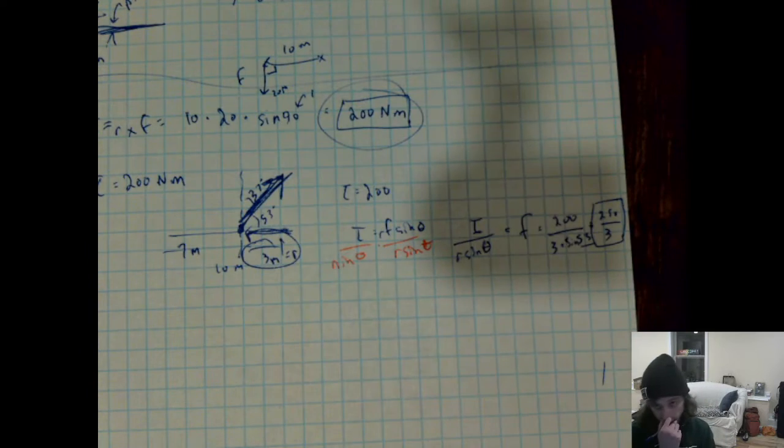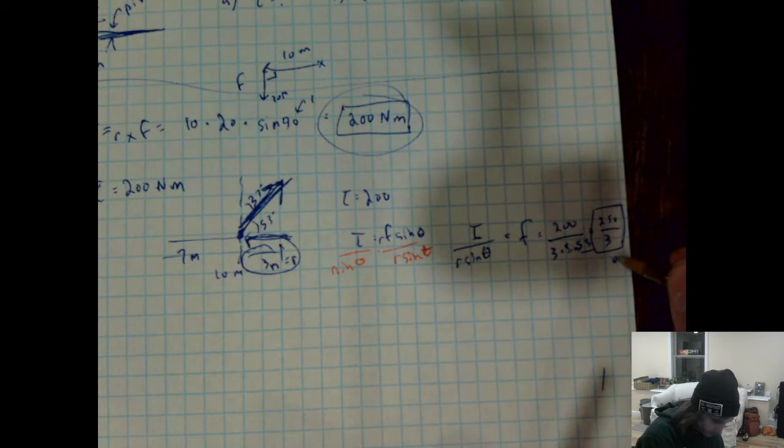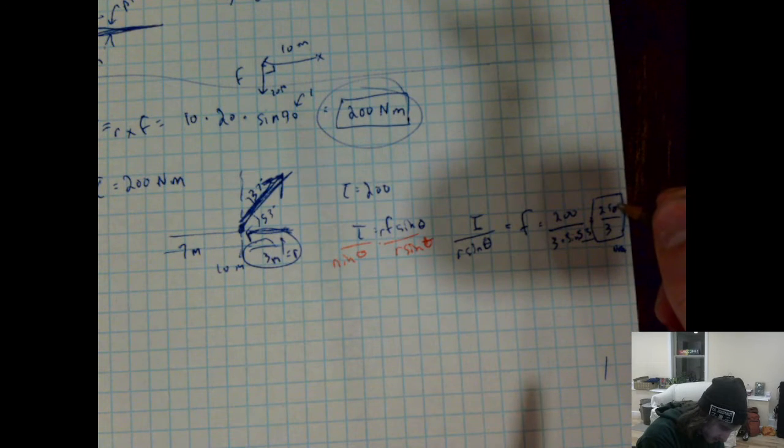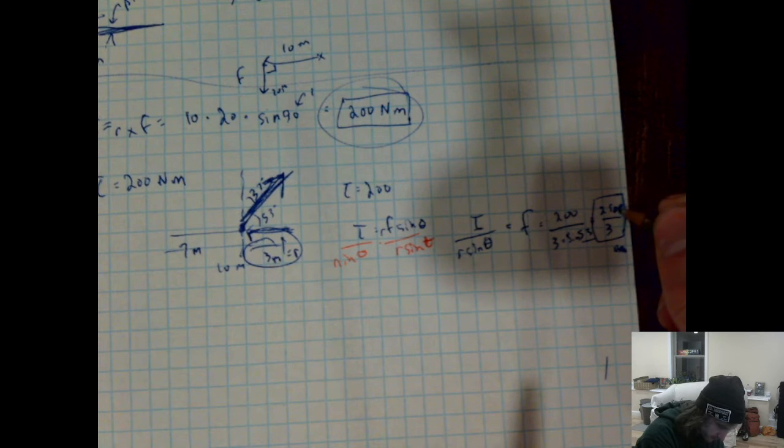So 250 over 3 Newton meters. Just Newton, sorry, it's a force. So this is a lot smaller. That shouldn't be right. 2,500 over 3. There we go. No. 50 times 5.